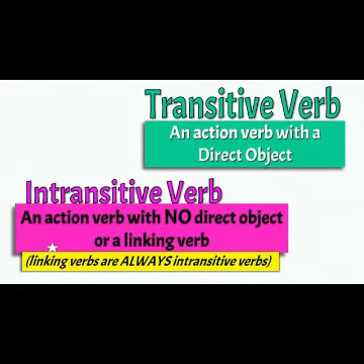An intransitive verb, instead, is an action verb with no direct object or a linking verb. Linking verbs are always intransitive verbs. That's the difference between transitive verb and intransitive verb. We'll have a lesson on this point of grammar.